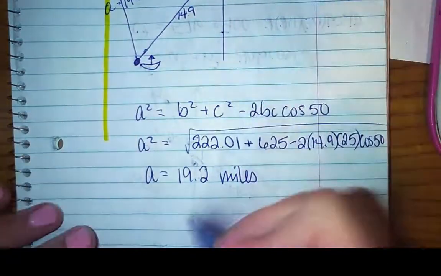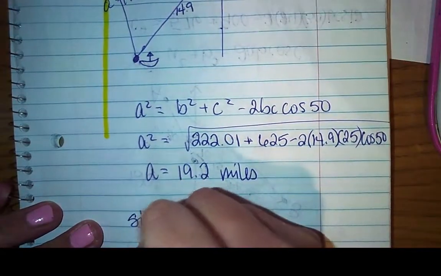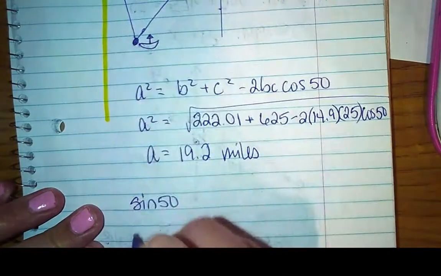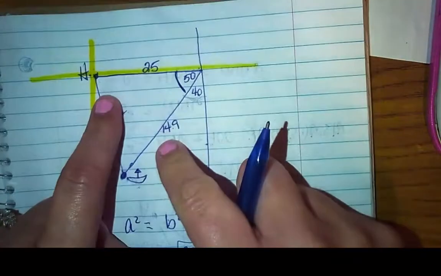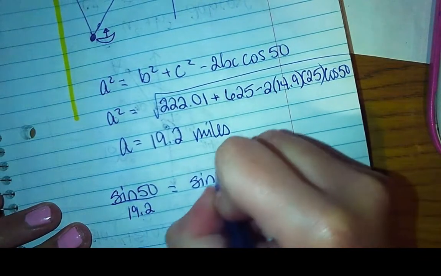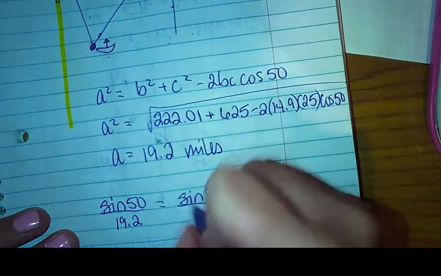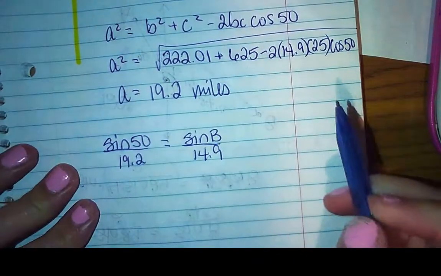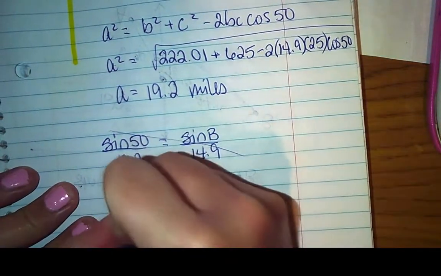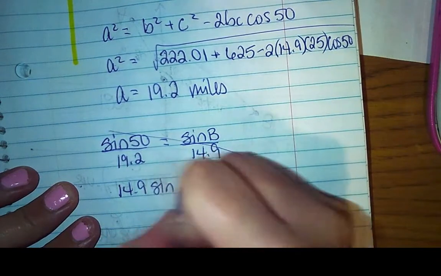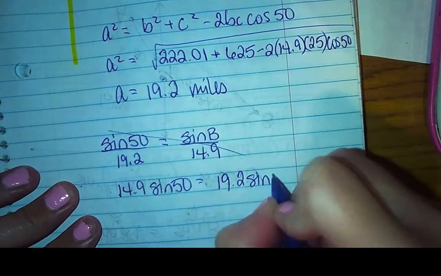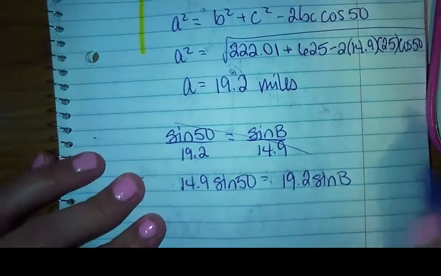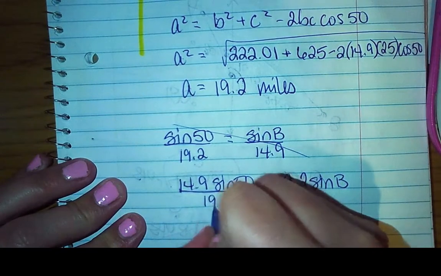So I'm going to do the sine of 50 over 19.2 miles equals, and I need this side, okay? So the sine of, I don't care what variable you use, the sine of B over 14.9. And now I can cross multiply. So this becomes 14.9 times the sine of 50 equals 19.2 times the sine of B. So divide both sides by 19.2.